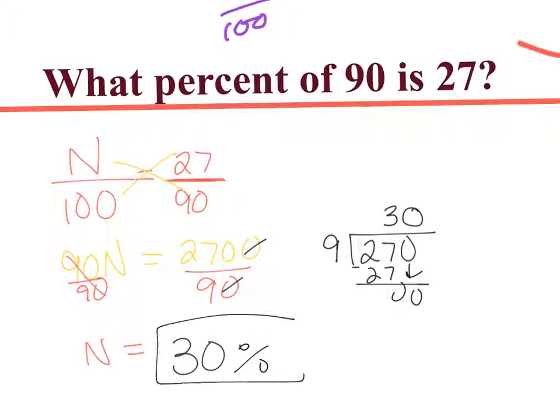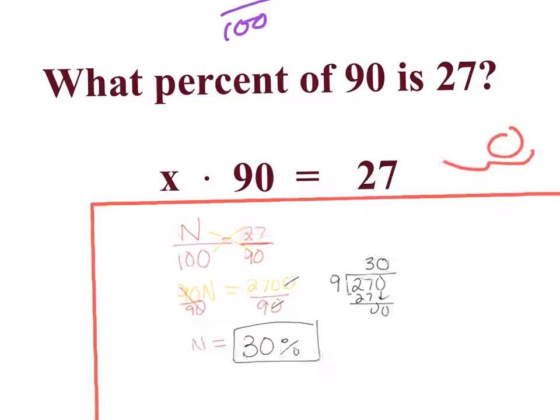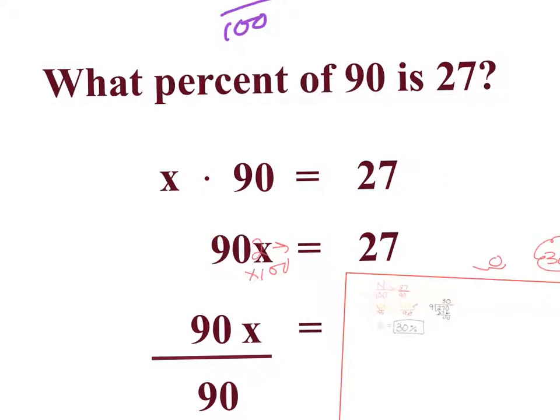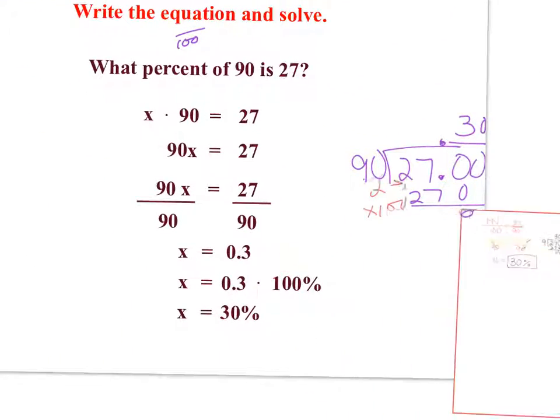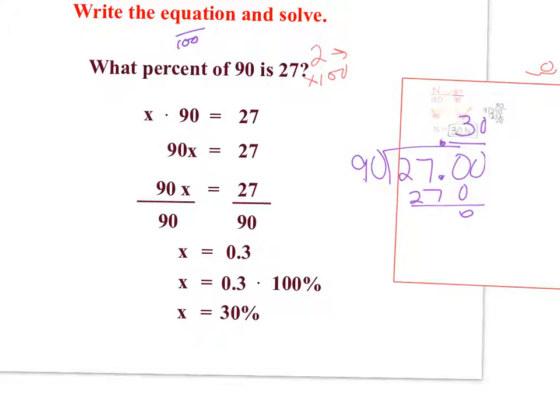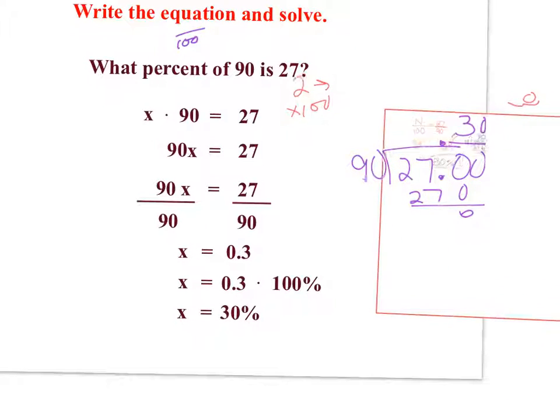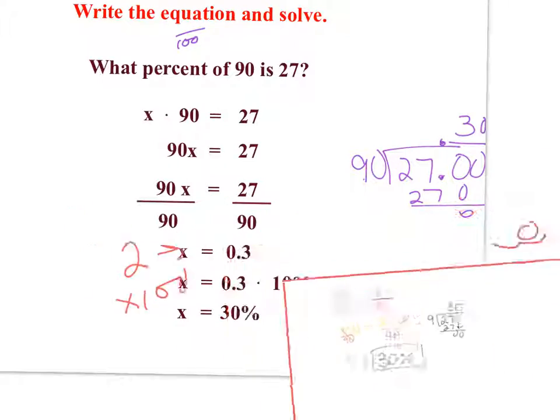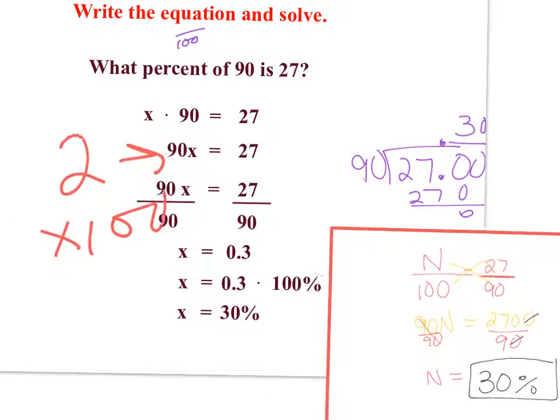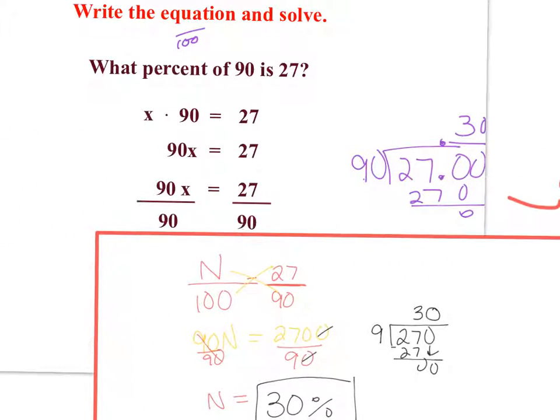There's no need to move decimal points because you kind of already did by associating this 100 into the proportion to begin with. So the big difference is with an equation, you have to remember that you take 100 into account and then multiply by 100 to move the decimal. When you use a proportion, you're already using the 100 in the equation itself. So you get the answer that's already as a decimal.